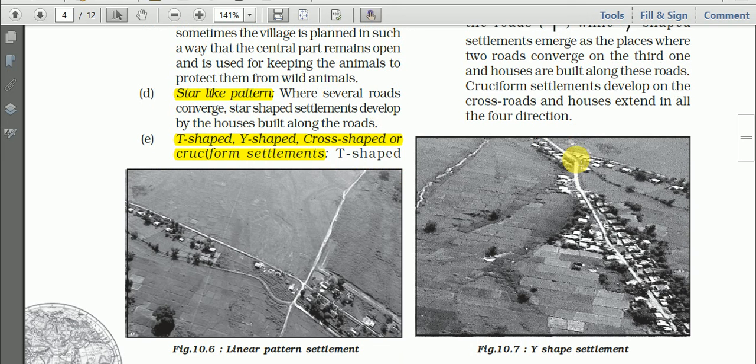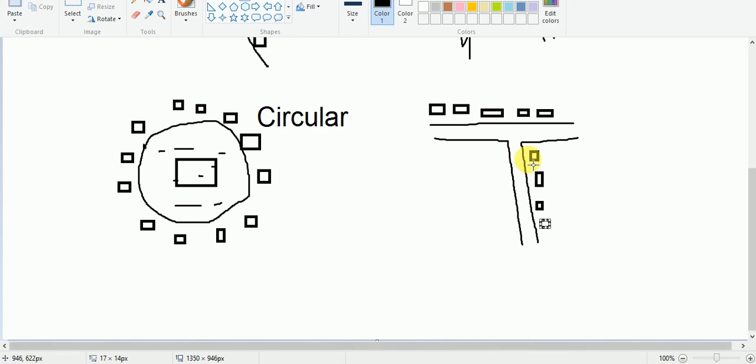And for the cruciform, the cross shape, settlement develops on the crossroad and houses extend in all four directions. So here this is the T-shape, and in case of cruciform it is like this, and in this case the houses are constructed in all the four directions.